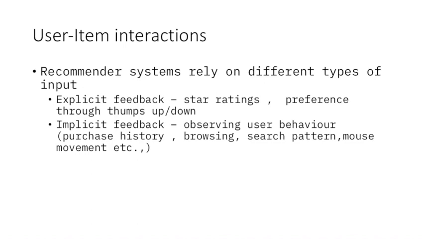Those things are all called explicit data. We try to give ratings. Then what does implicit data mean?